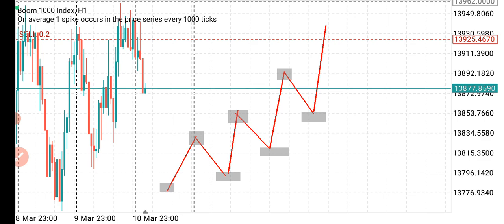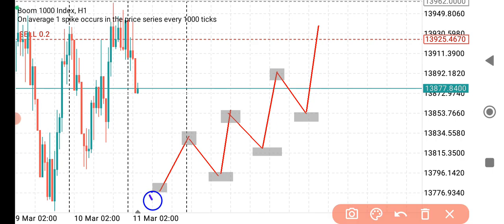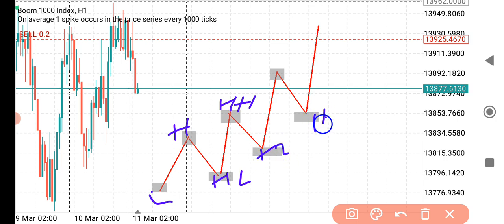Alright, so what are we having here? We have a low, we have a high, we have a higher low, we have a higher high, right? Then here we have a higher low, higher low, higher high, and a higher high, which established that we are in an uptrend.